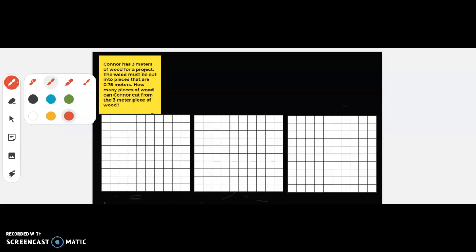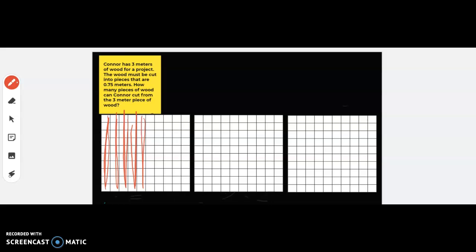So I'm going to mark my 75 hundredths. I also know that 75 hundredths has 7 tenths, so I'm going to start there. There's 1 tenth, 2 tenths, 3 tenths, 4 tenths, 5 tenths, 6 tenths, 7 tenths.